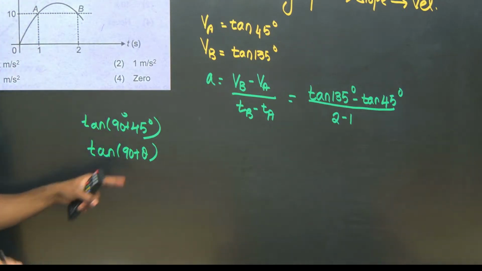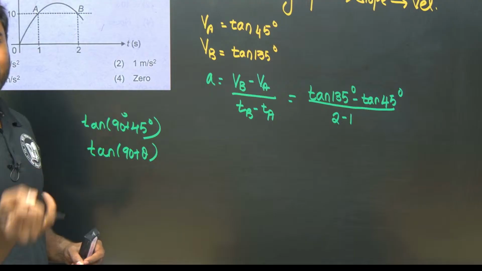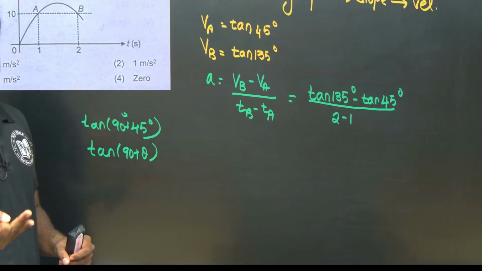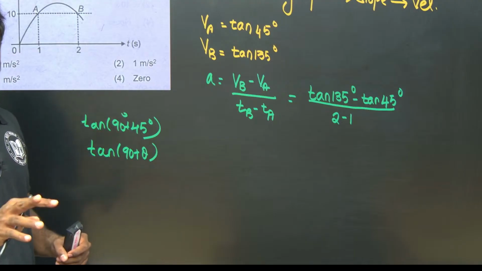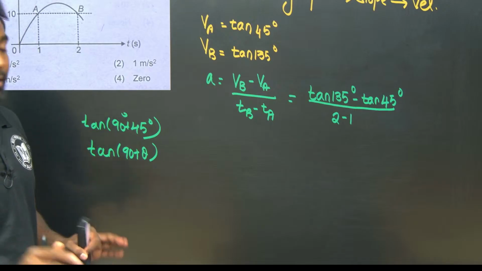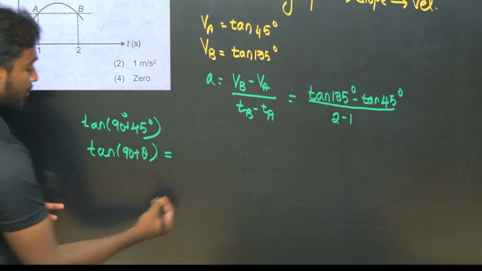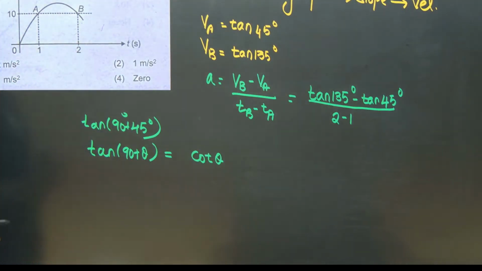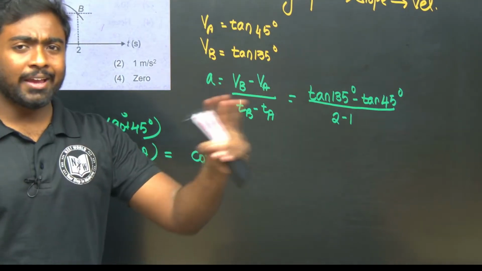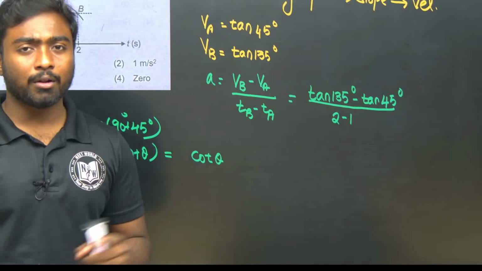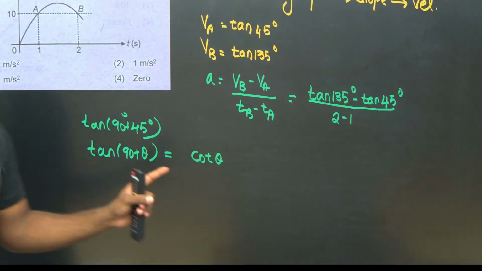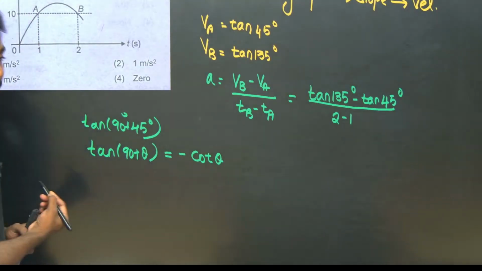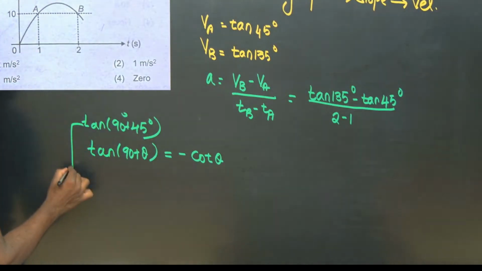Whenever we see 0, 180 or 360, we use the same function. So it is cot theta, and in the second quadrant only sine is positive, so it is minus.